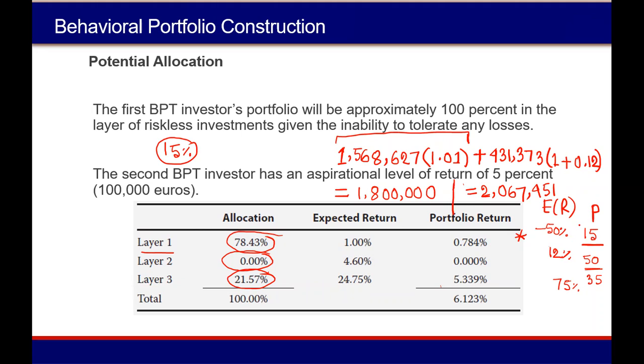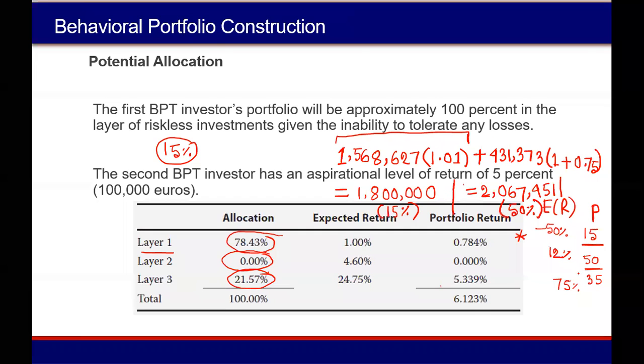But if the case is the third case, you will calculate how much return there will be. 75%. For this, there is a probability of how much? 35%.